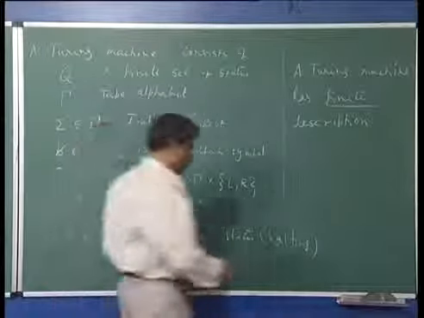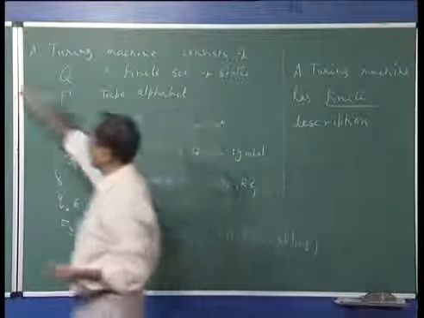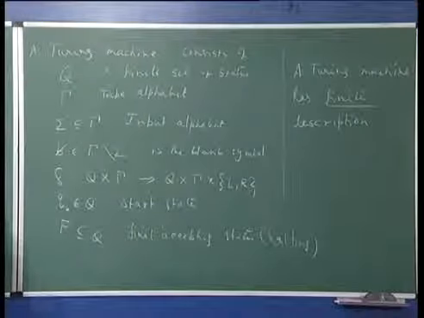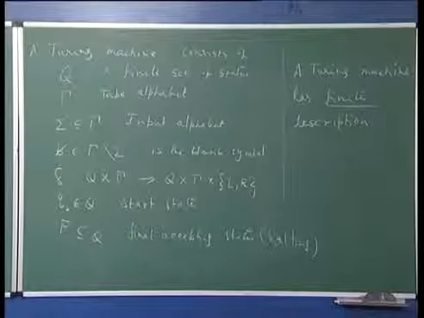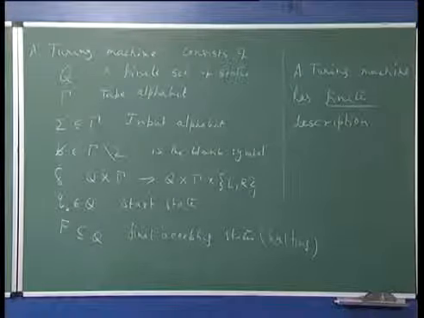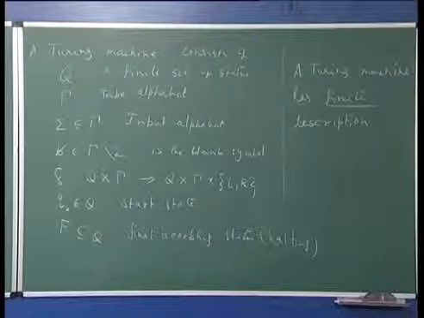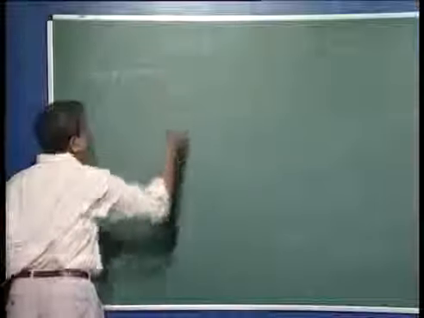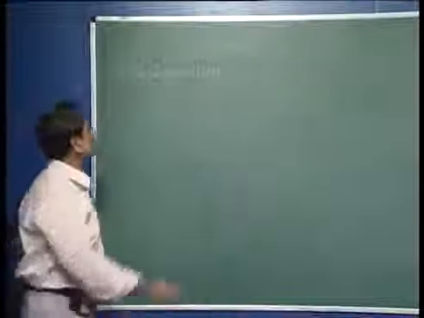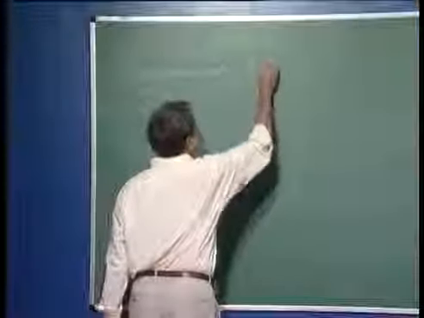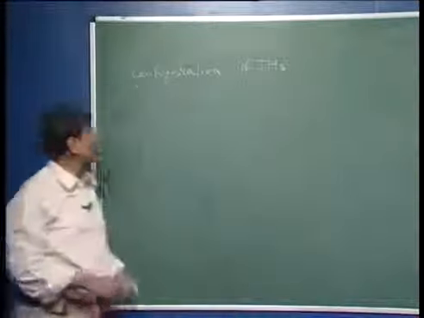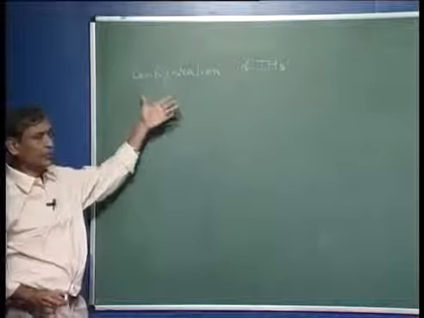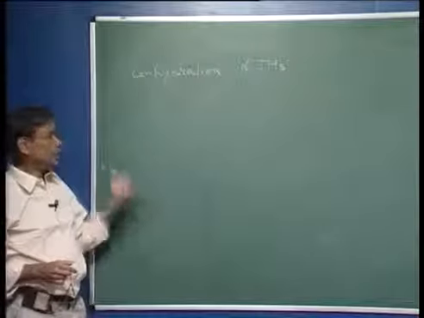Now, let us consider what we mean by language recognition by a deterministic Turing machine. The notion we shall use here is the configuration of Turing machines. We have spoken of configuration several times before, when we talked of PDA, for example.